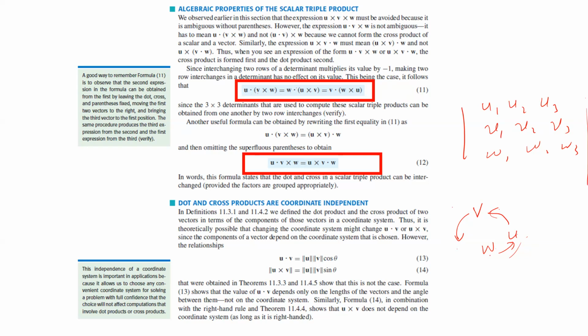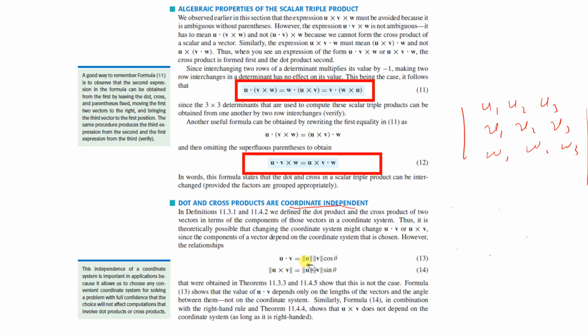Last, in conclusion of this section, we can say that dot and cross products are coordinate independent. Their values do not depend on the coordinate system, because if we have two vectors and we have the angle between them, then we can find dot product and cross product with the help of that angle.